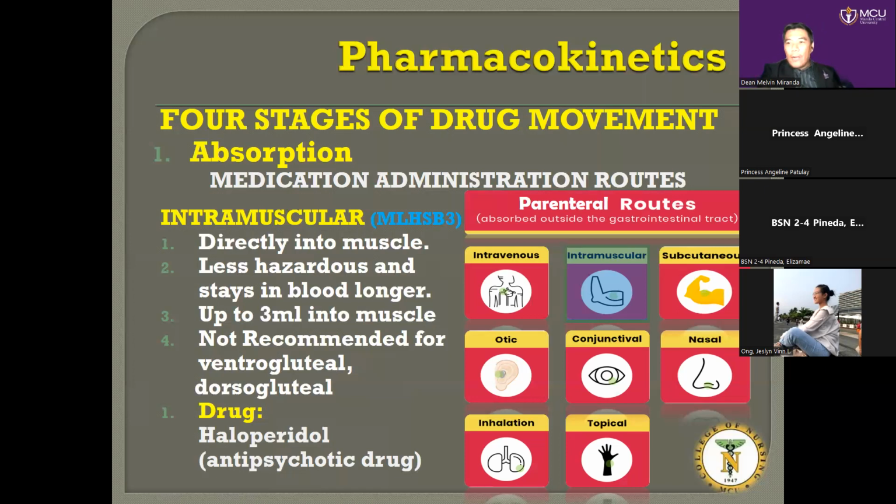Other than that, let us be careful also, because it is not recommended to administer in the ventrogluteal or dorsogluteal site. Why? Because there are many nerves present here, and this may cause a possible hitting of the nerve.